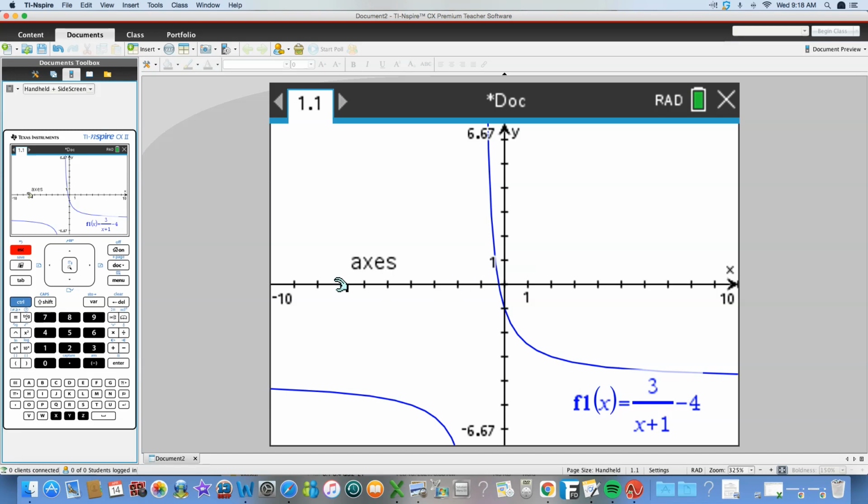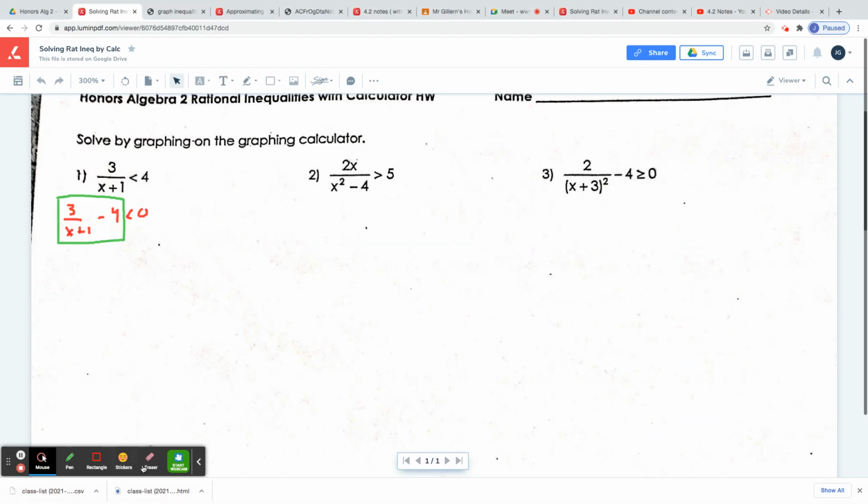There's a what there? Yeah, there's a vertical asymptote. So you should be aware that there is a vertical asymptote at -1, because what makes the denominator equal to 0? -1.